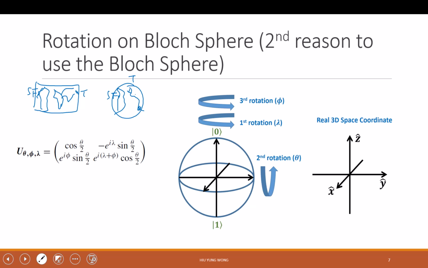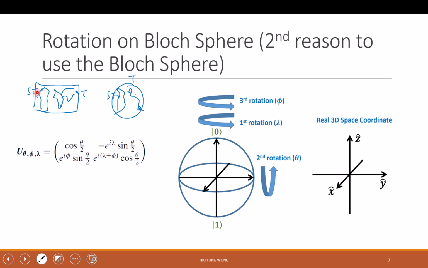So when people tell you I'm rotating the qubit about the z-axis or y-axis, they are talking about rotating the qubit on the Bloch sphere, which is embedded in the real 3D space. You can see that it's rotating there, but it's not really rotating in our 3D space. We can think of it as rotating in our 3D space, but in reality, in the 2D compressed plane, it is rotating in a way that we cannot see.